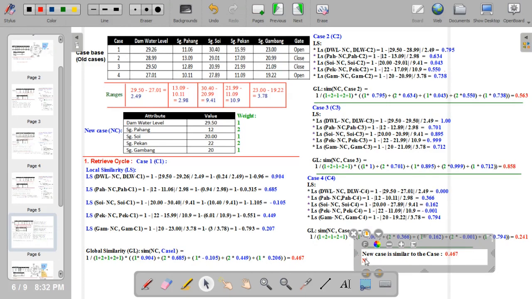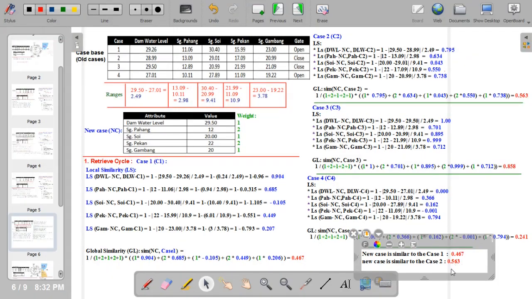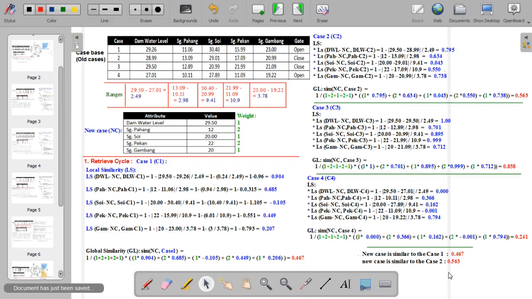And the new case is similar to case 2 with a value of 0.563.